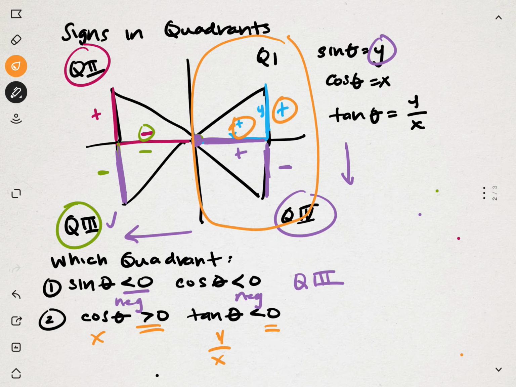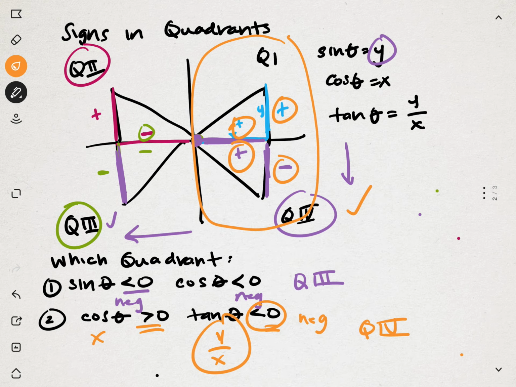Well, in quadrant 1, both signs are positive, so therefore it's not quadrant 1 because positive divided by positive is not less than 0, right? We're looking for the negative tangent. The negative tangent would be in quadrant 4 because a negative and a positive, when we divide, give us our negative sign. All right, a little bit tricky, but once you figure out how the signs go in the quadrants, then it's a little bit easier.